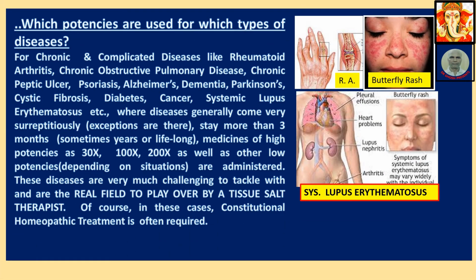Which potencies are used for which types of disease, continuing from the previous page. For chronic and complicated diseases like rheumatoid arthritis, chronic obstructive pulmonary disease, chronic peptic ulcer, psoriasis, Alzheimer's disease, dementia, Parkinson's disease, cystic fibrosis, diabetes, cancer, systemic lupus erythematosus, etc., where disease generally comes very surreptitiously, with exceptions, and stays more than 3 months, sometimes years or lifelong, medicines of high potency such as 30x, 100x, 200x, as well as other low potencies, depending on the situation, are administered.